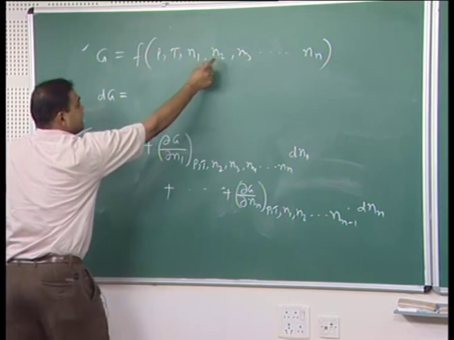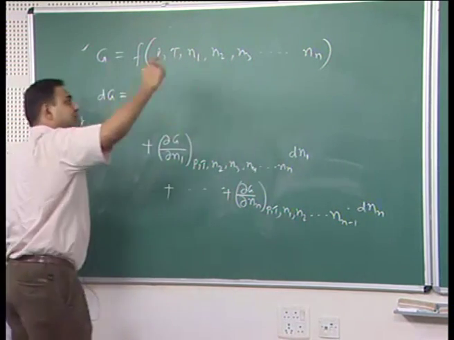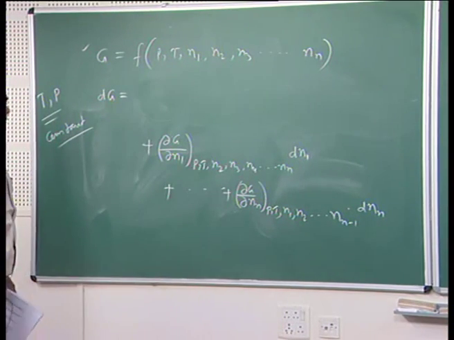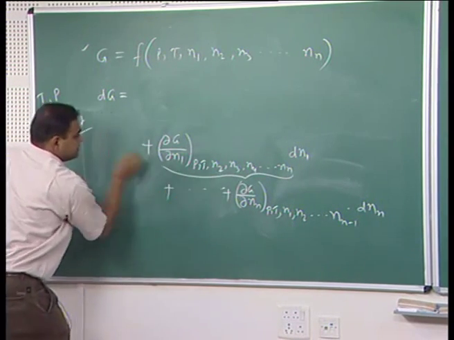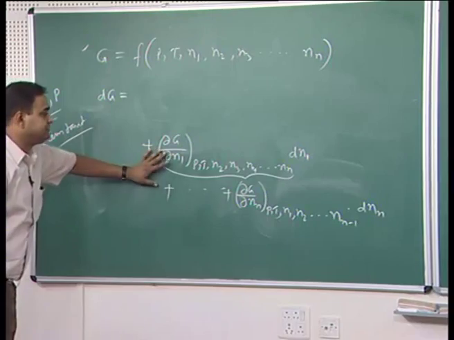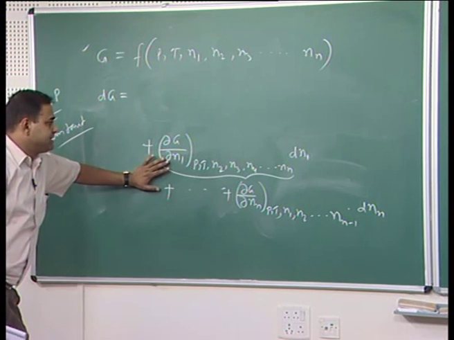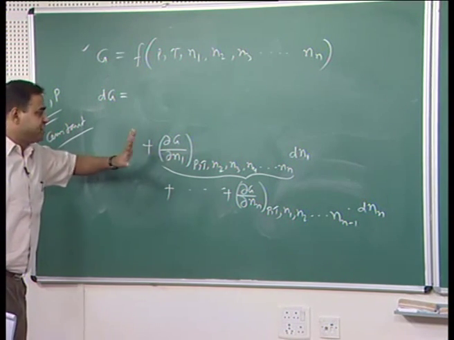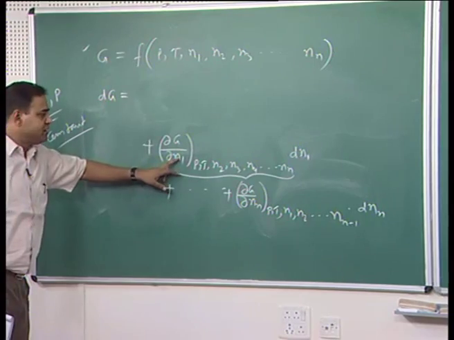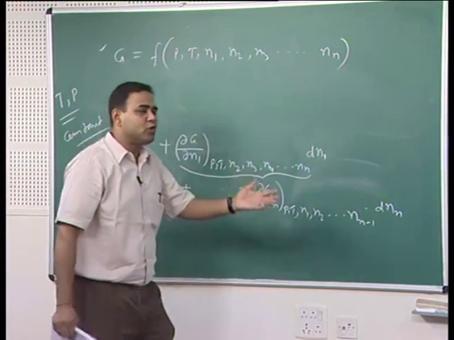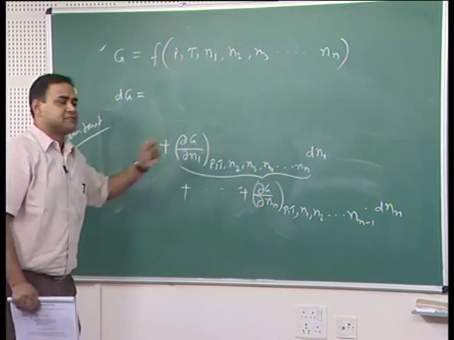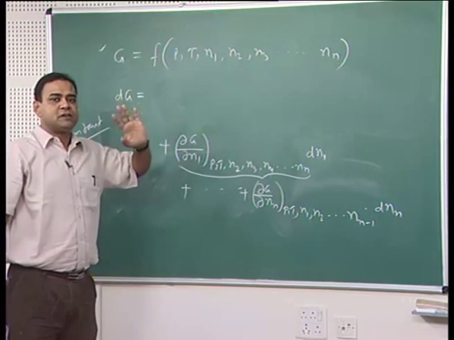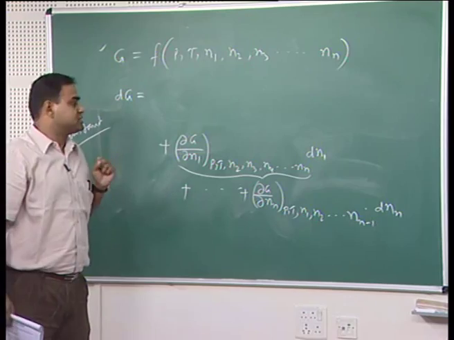That means N1, N2, N3, N4, like that up to the nth species. Now, the physical significance of this is the rate of change in G if you have 1 mole of addition of the first component into the system while the other components are constant.